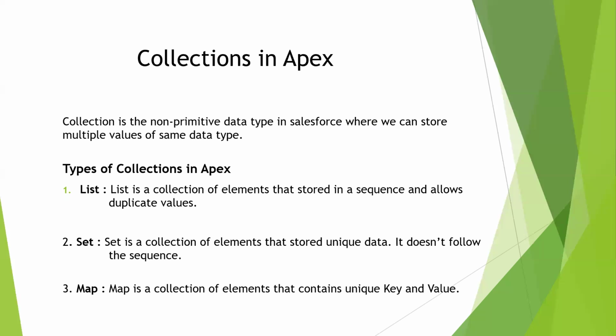Student names should be different in some way, whether their father's name or their birthday. In this way we can store our values in the set. It does not follow any sequence; in whatever sequence you add elements to the set, it doesn't follow that sequence, but whatever value you store in the set must be unique.